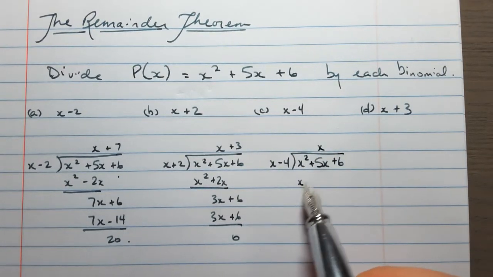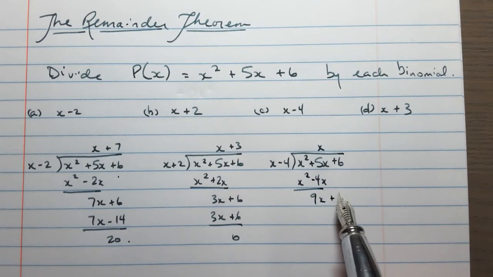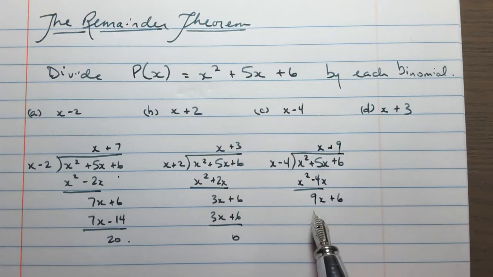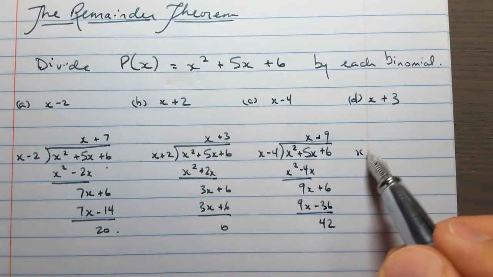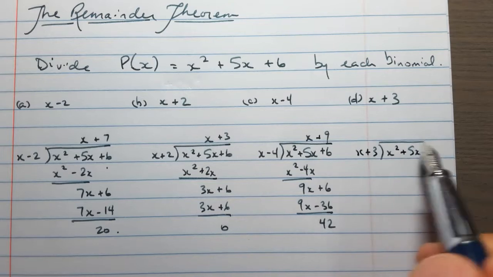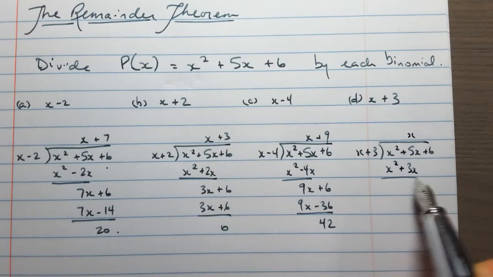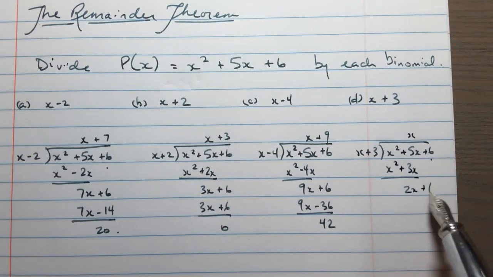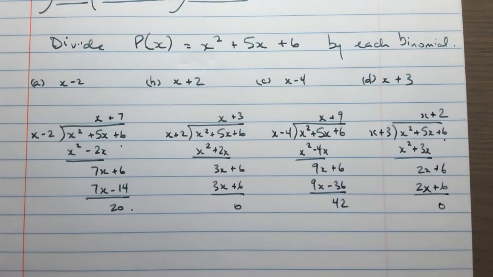Let's see, x minus 4 gives a remainder of positive 42, good number. And last we have x plus 3. Okay, we ended up with a remainder of 0 on that one as well.